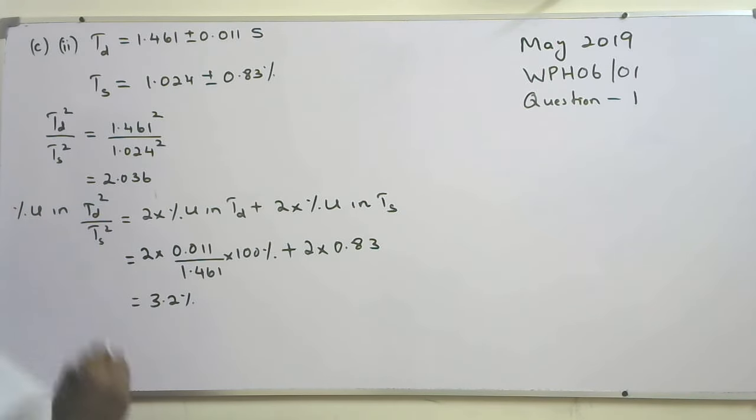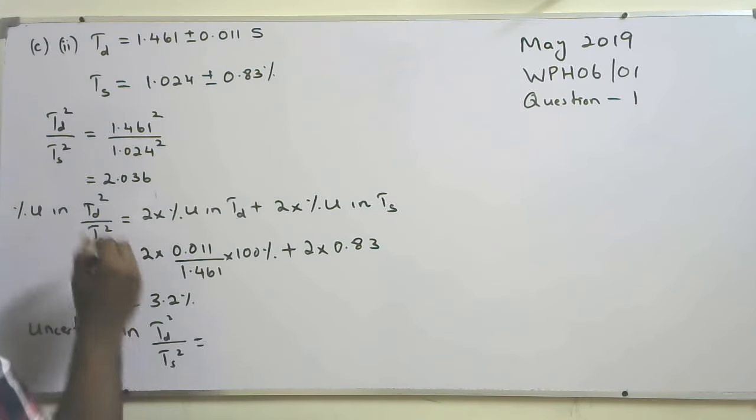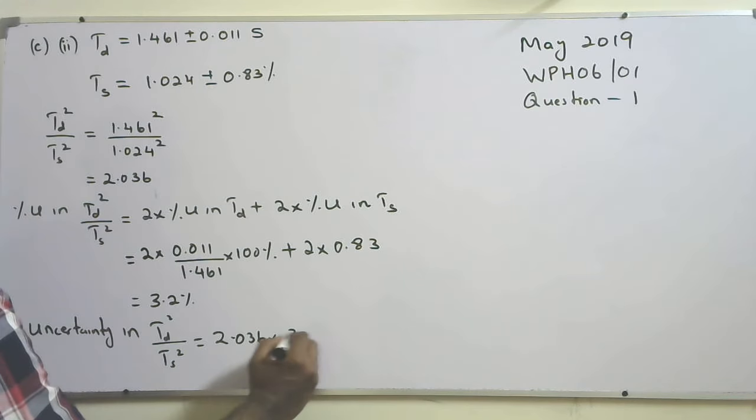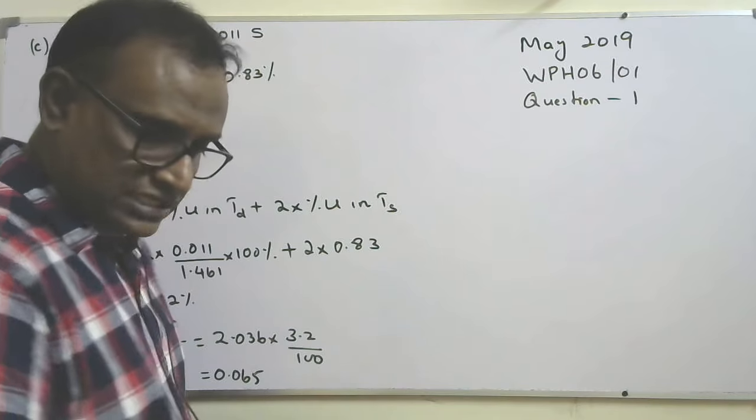So find the uncertainty. That is, we know that 2.036 into 3.2 over 100, that will be 0.065. Okay, so then I should find the range of Td squared over Ts squared.